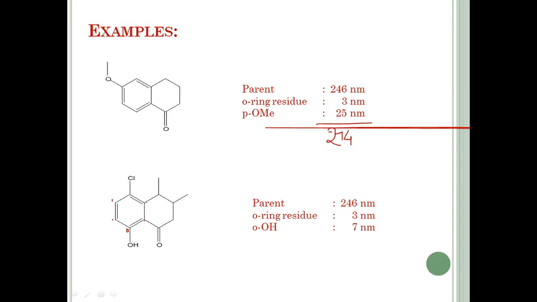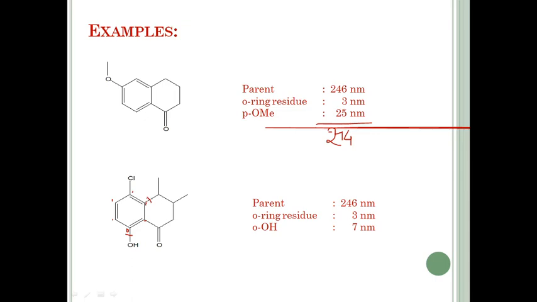There is no substituent at para position, but you have two substituents at ortho position only. For this carbon atom, this group is ortho and this group is also ortho. Here you have a ring residue.